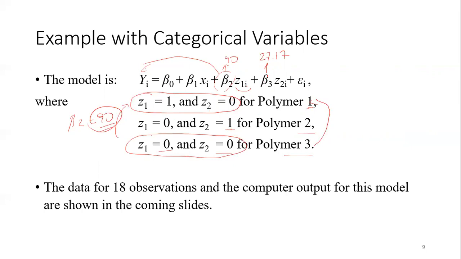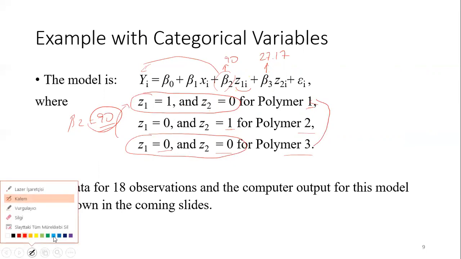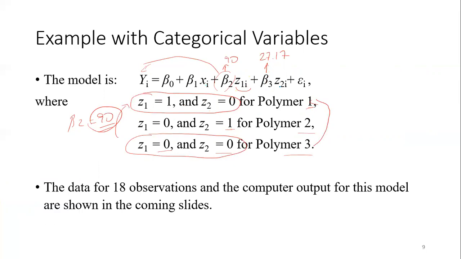And how about beta 3? That's equal to 27.17. So beta 3, 27.17, is added whenever Z2 is equal to 1. Just look here. Z2 is equal to 1 here, and all of them are 0 here. So the difference between these two is beta 3, which is equal to 27.17.